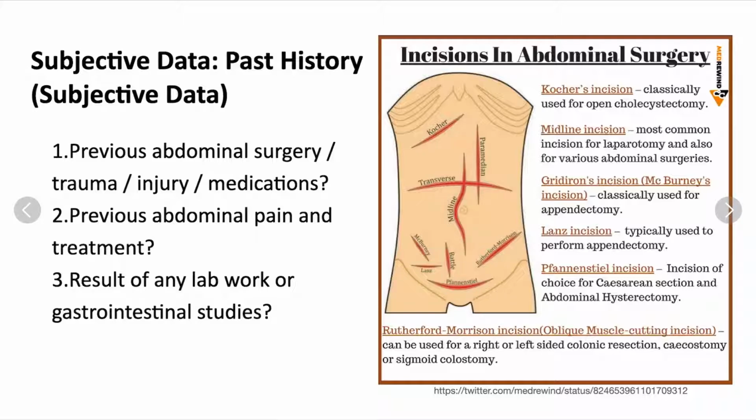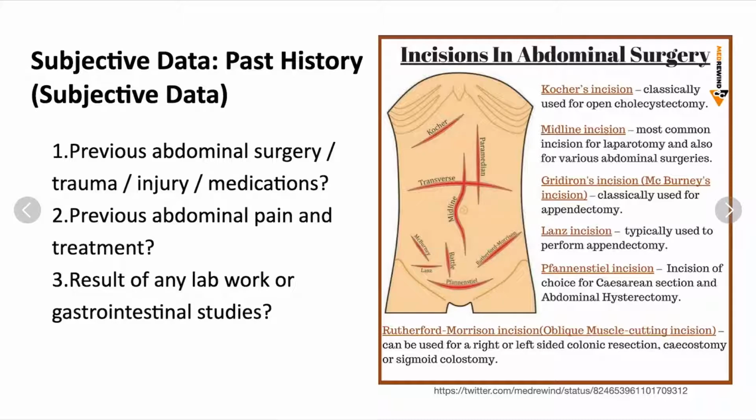So by that, you could assess further even after you're doing your objective data gathering. The patient might forget that traumatic incident, but later on you could ask, because every scar has its own story, as some quotes say. There's a story behind each scar. You could ask them what happened to that.